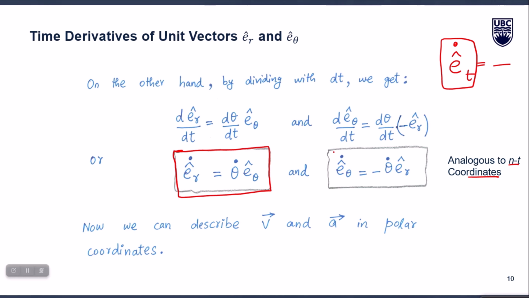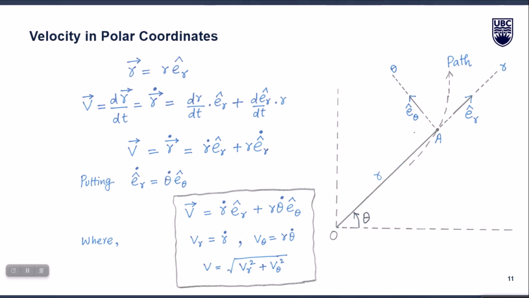So with this information, now let's start writing the velocity and acceleration in polar coordinates. I will start with velocity first. We know that the position vector is simply equal to the radial distance multiplied by the E sub r. The direction of position vector is defined by E sub r unit vector.